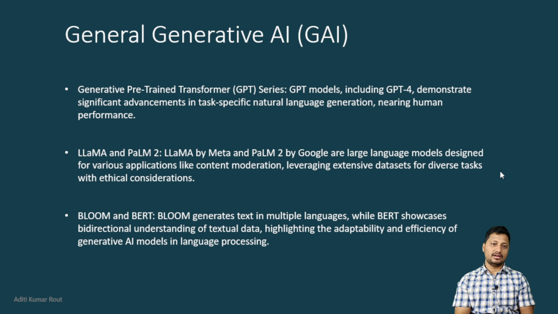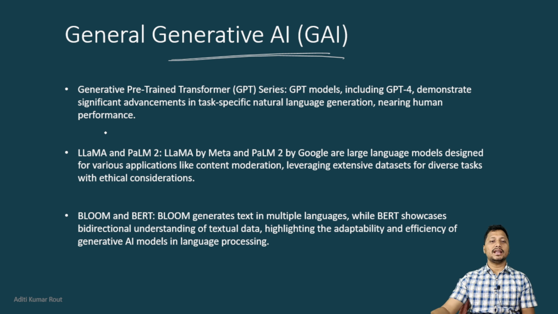So if you are talking about general generative AI models, I kept them as general generative models. The generative pre-trained transformer, from GPT to the GPT models including GPT-4, demonstrates a significant advancement in task specific neural language generation. It is almost the same as human performance, human behavior, human reaction on a particular task specific to natural language.